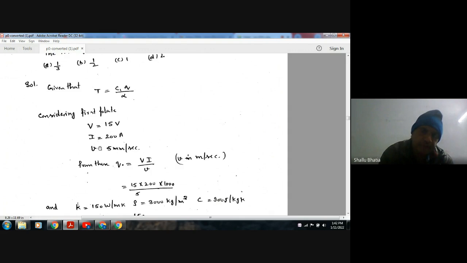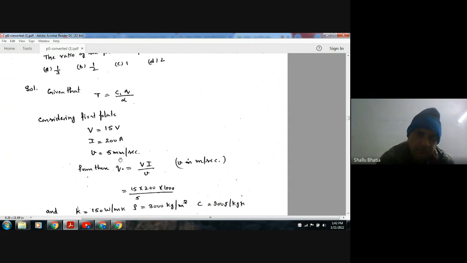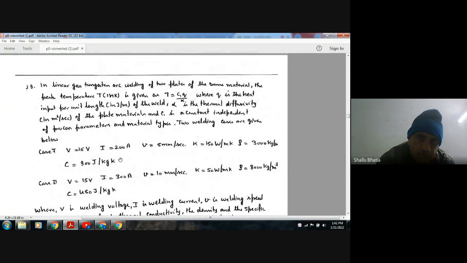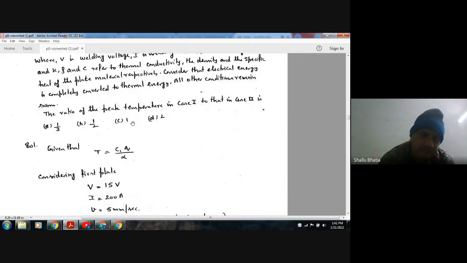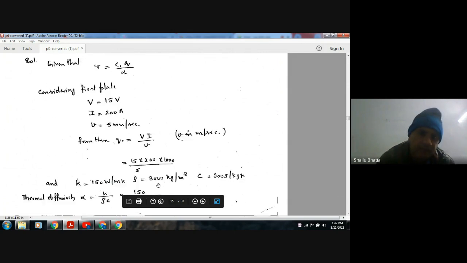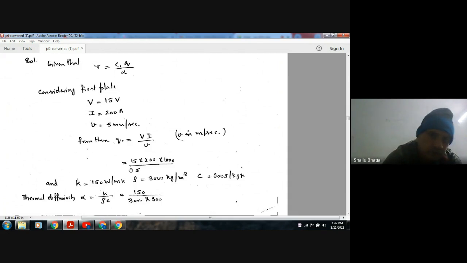V into I is your heat input per second, and if you divide it by the small v, which is in meter per second, then we get Q, the heat input per unit length, or heat input per meter length.